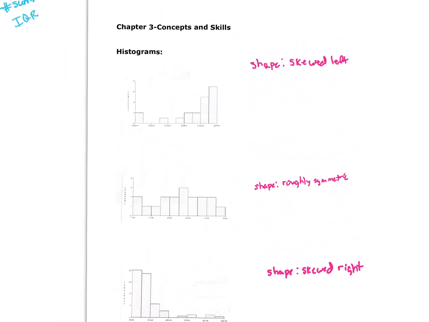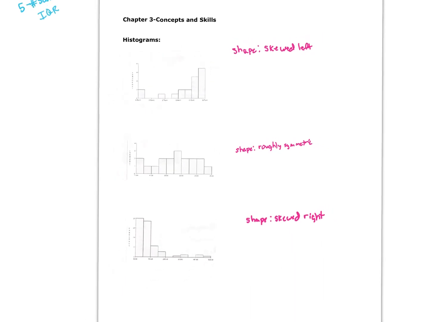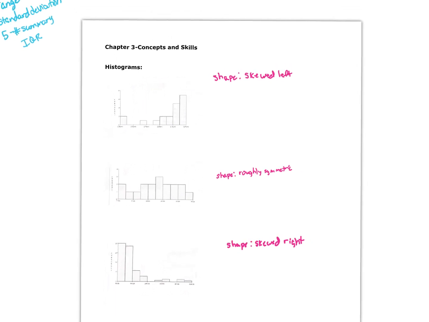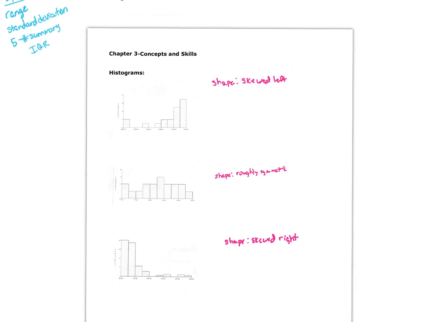We can also talk about, in some instances, you may be asked whether or not there are outliers. None of these really have any true outliers. The tendency for some people is to think outliers would mean where there are the most values, but it's not.